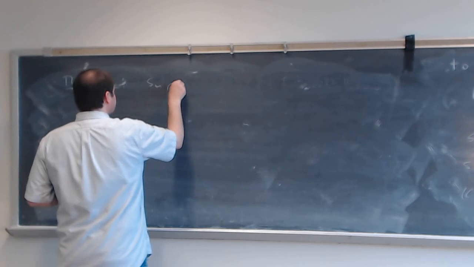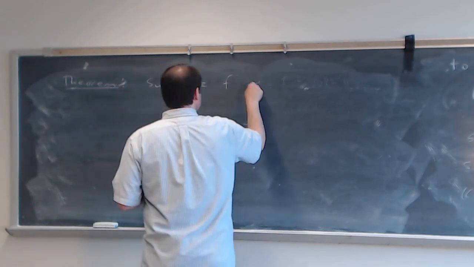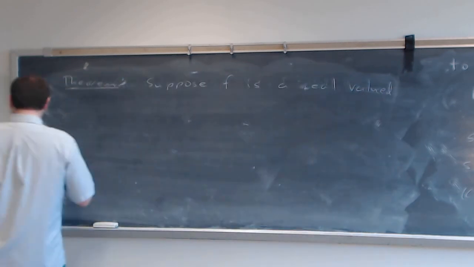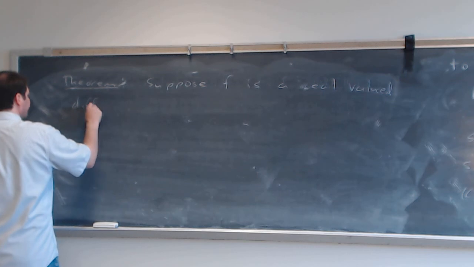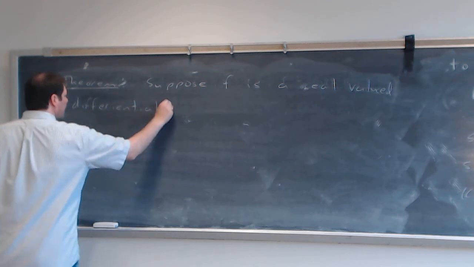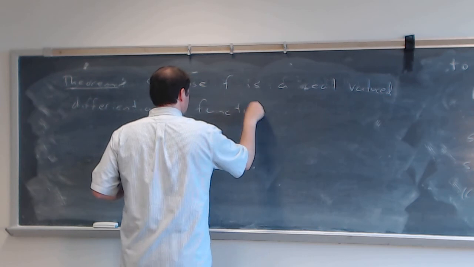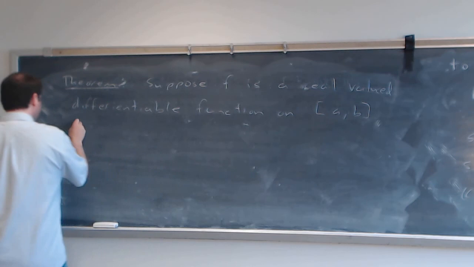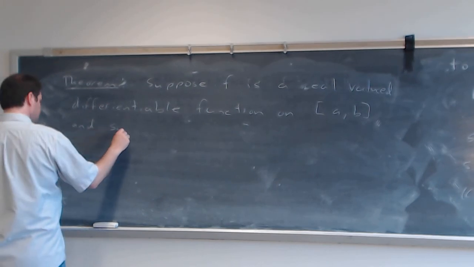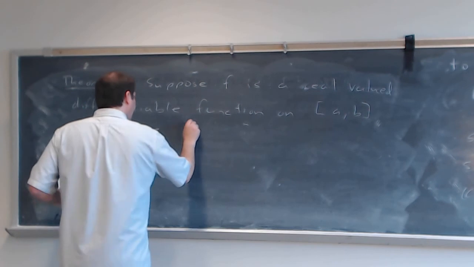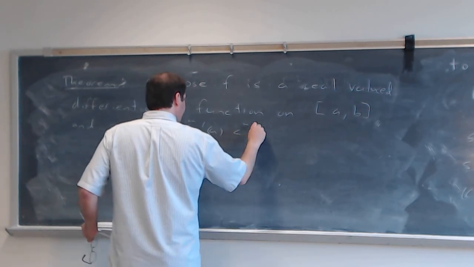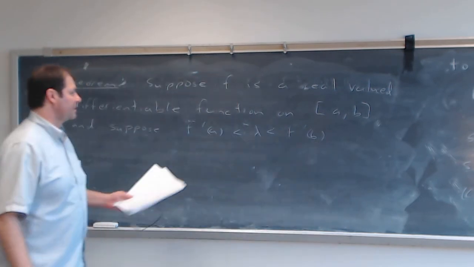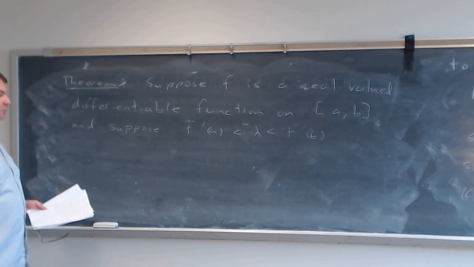Suppose f is a real valued differentiable function on the closed interval from A to B. And suppose f prime of A is less than lambda, which is less than f prime of B. So this is some number in between the derivative at the endpoints of the interval.